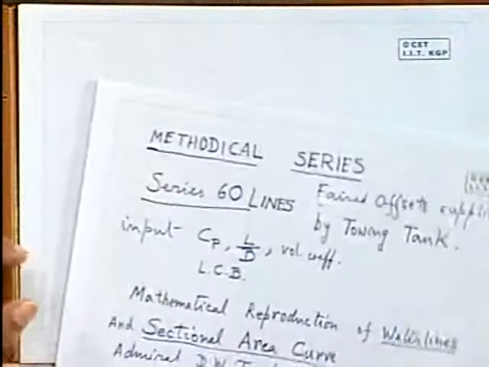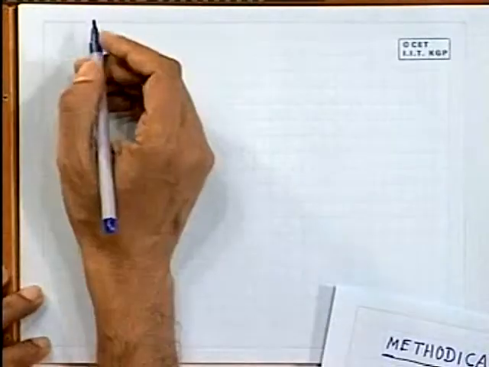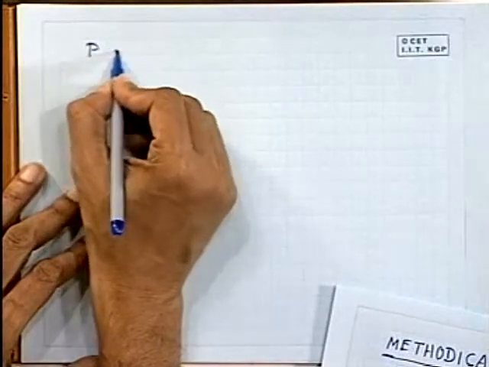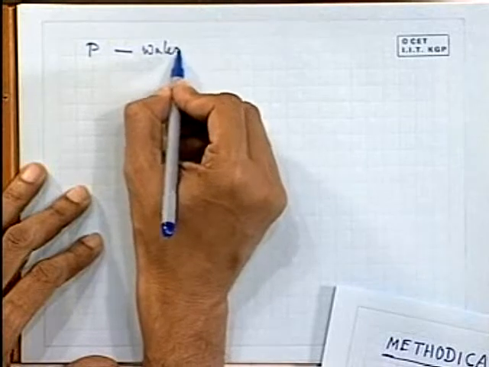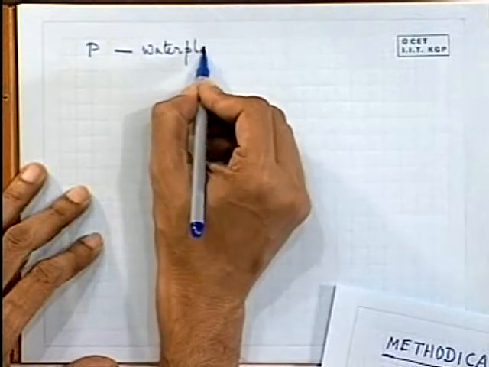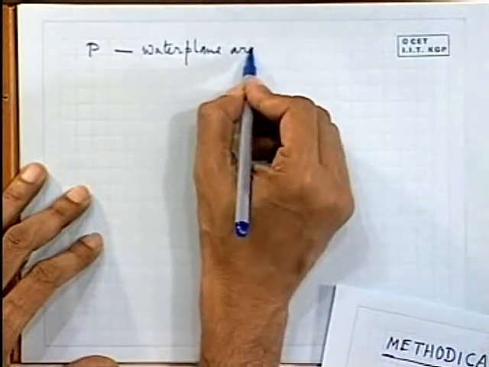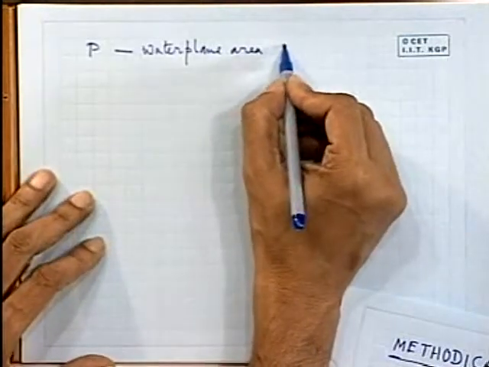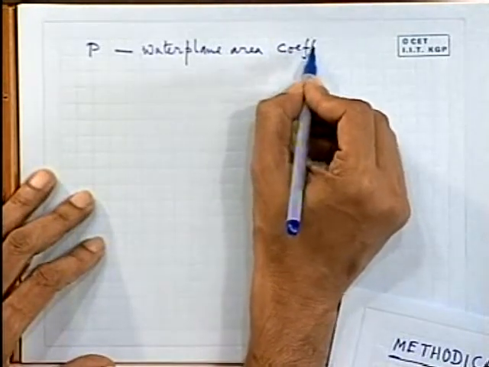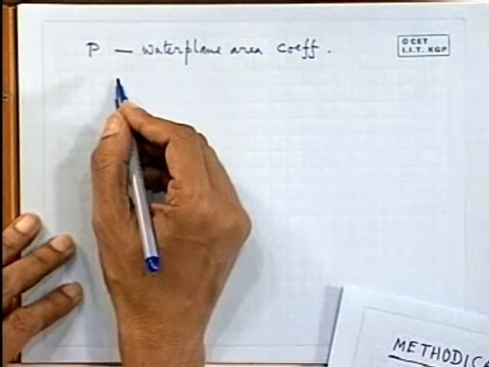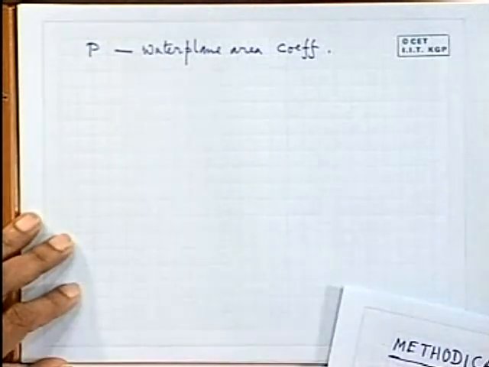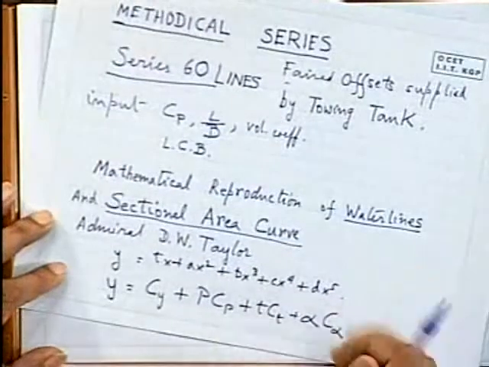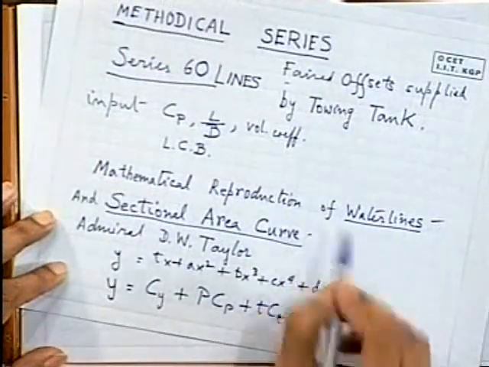Now this P is called the ship term, which is called water plane area coefficient. This same equation can be used for formulating your water lines as well as the sectional area curve.